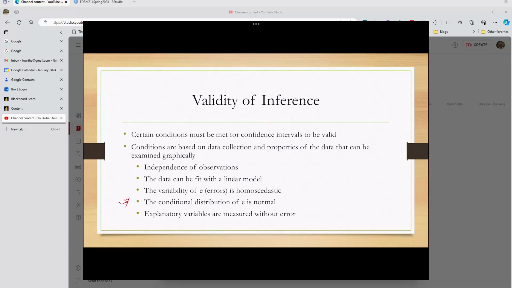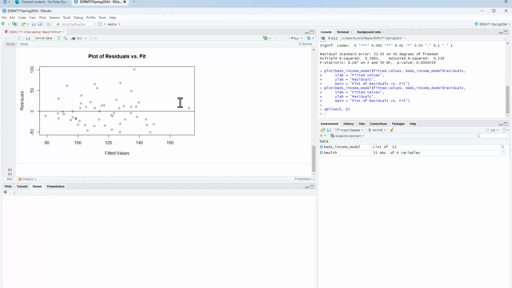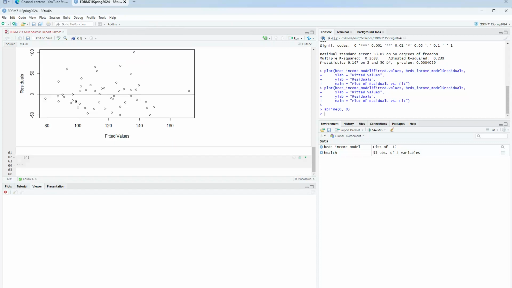Well, if we call back our notebook here and put in another code chunk, let's take a look at how we can determine if we have normal residuals. I'm going to paste in a command. This command is asking us to obtain from our beds income model the rstandard, which stands for the standardized residual. That is, we're obtaining z-scores for all those residuals.